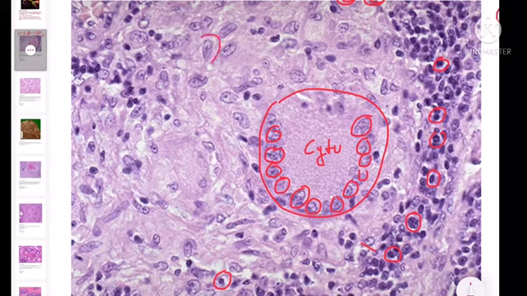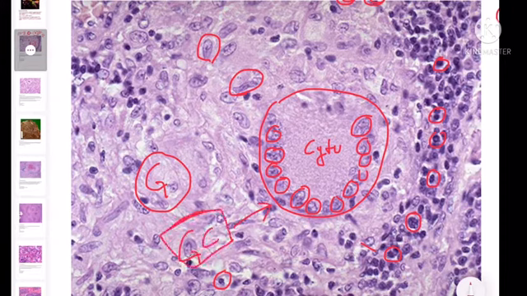Along with some elongated cells, which are called epithelioid cells, and this is the granuloma, and this one is the giant cell. As the nuclei are arranged in the periphery like a horseshoe, that's why it is called the horseshoe giant cell or Langerhans giant cell.